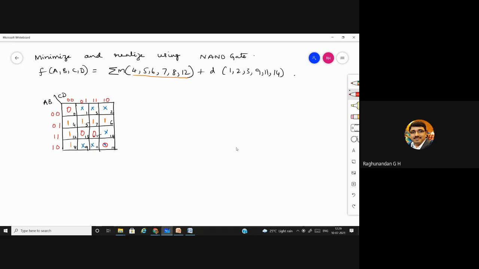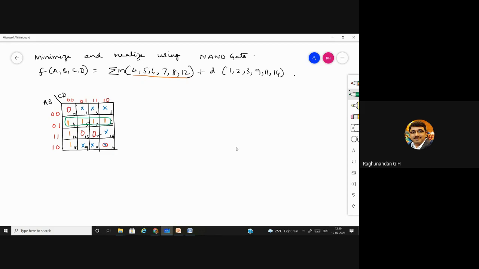Okay, now we'll start grouping. See here, as I told, first you need to prefer the larger number of positions or boxes to group. Instead of grouping these two, we can group all these 4 positions together, so that we will get a simplified equation.